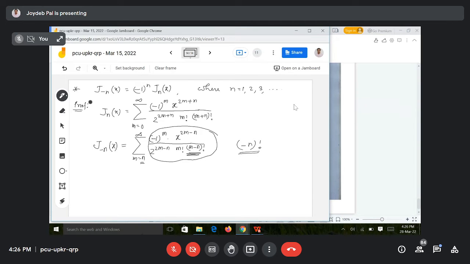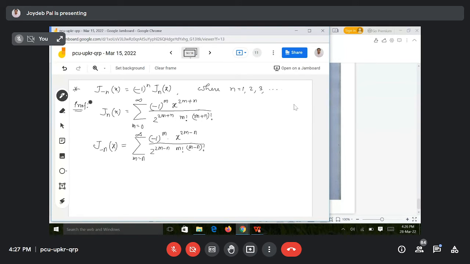Means we will get defined, valid terms from m equal to n. Are you getting? Okay, so m starts from n to infinity.